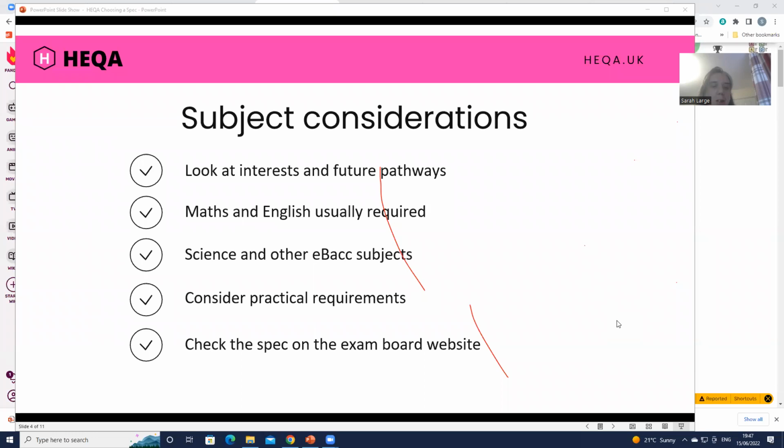We'll come and look at different alternatives. I won't spend too much longer talking on those. Other aspects: science is a requirement for some careers, but not for others. There's the English Baccalaureate, which is English language and literature, maths, either combined science or two of the core sciences or computer science, history or geography, and a modern language, or an ancient language actually.